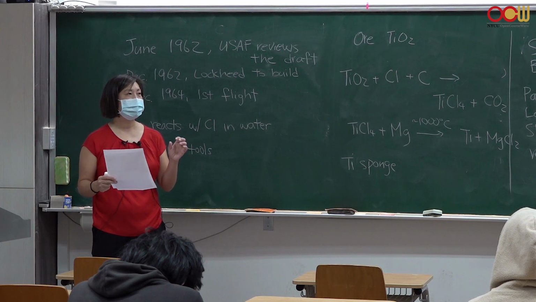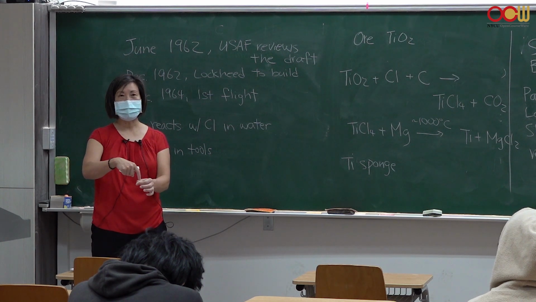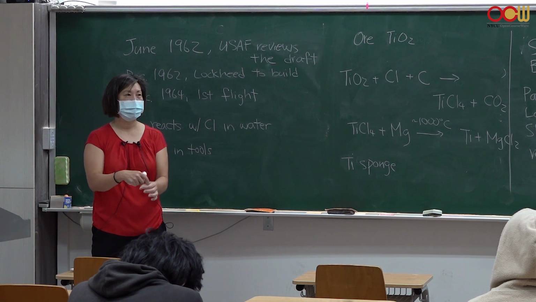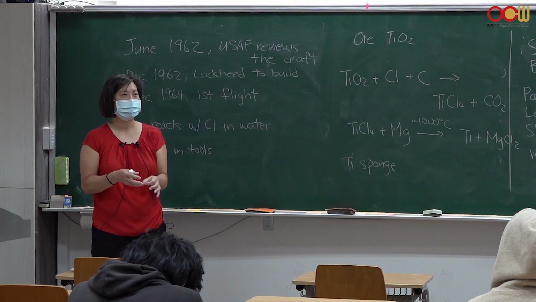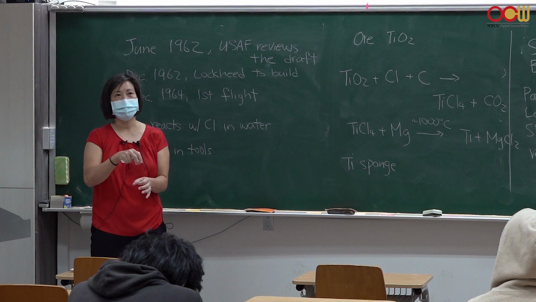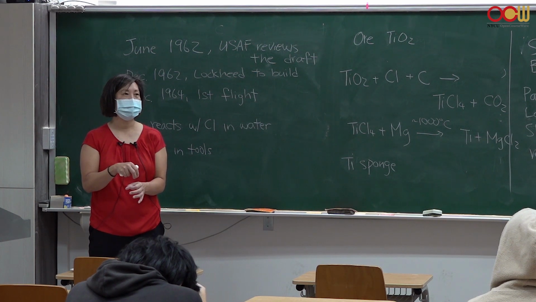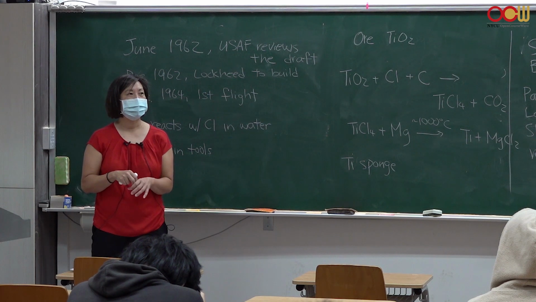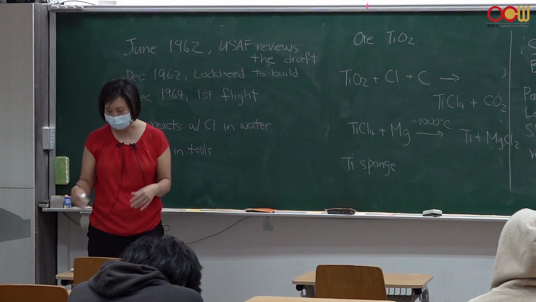But titanium has very low thermal conductivity, so that means when you drill a hole, all the heat just stays around where you're drilling. It doesn't get shared. So it gets very, very, very hot. And that heat also dulls your drilling bit because the drilling bit becomes super hot at that area. So all of these things that they had to figure out when they were building the SR-71.